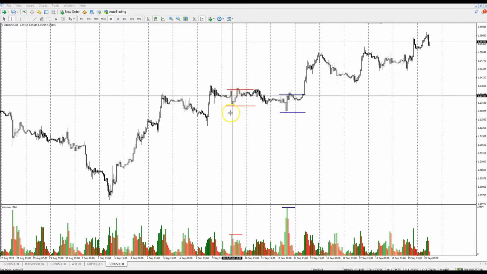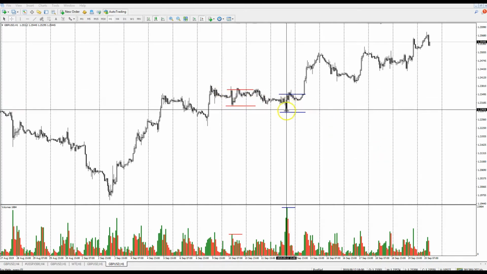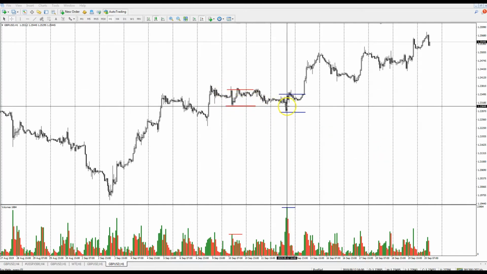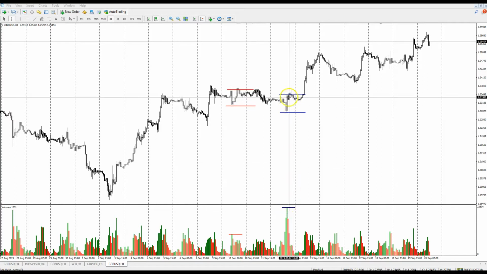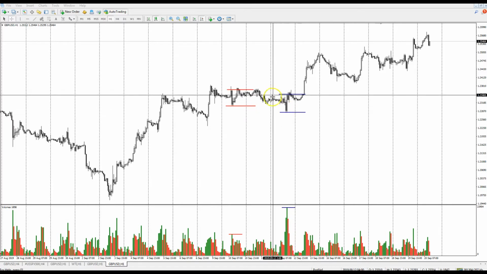It's an assumption that it was sellers. And so as a result, I bracketed off red, and as you can see, with time progression, I bracketed off this one green, as being the highest volume of the day.